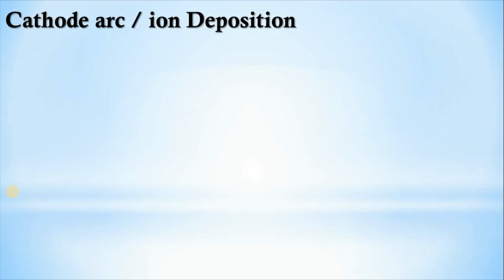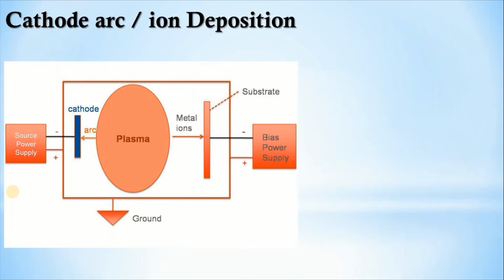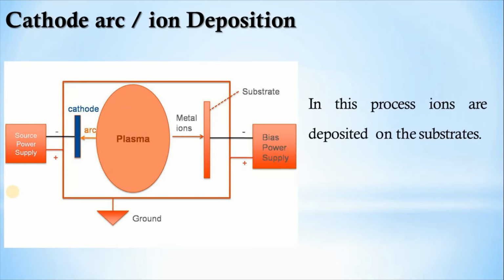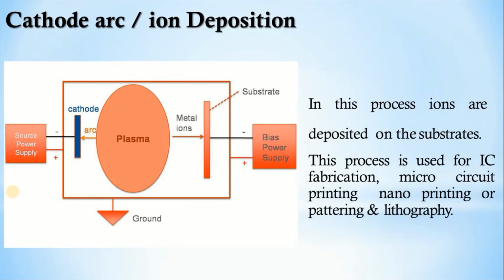Then the third one is cathode arc or ion deposition. Here deposition is carried out by using ions which are deposited on the substrate. This process is used in IC fabrication, microcircuit printing, nanoprinting, patterning or lithography.